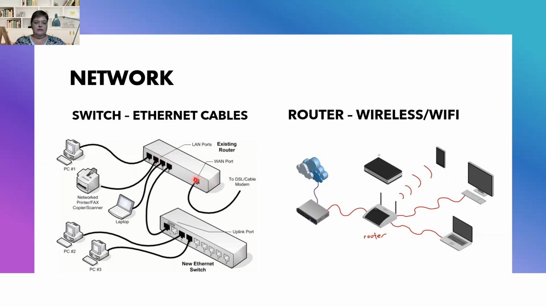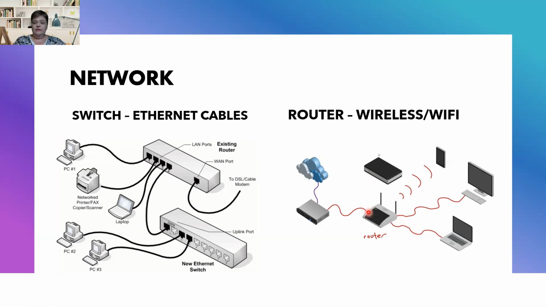Now this one is a WAN. WAN stands for Wide Area Network. LAN is a local area network. On this side, what we have is a wireless router. This is your Wi-Fi. If you are not in the classroom, but you need to connect to the internet, there are different devices.